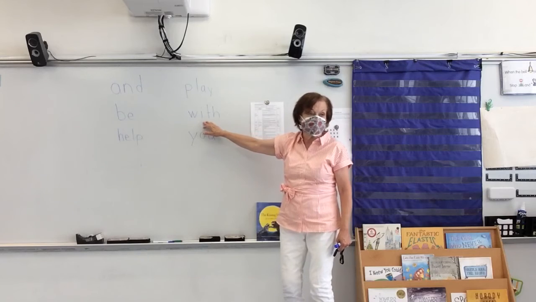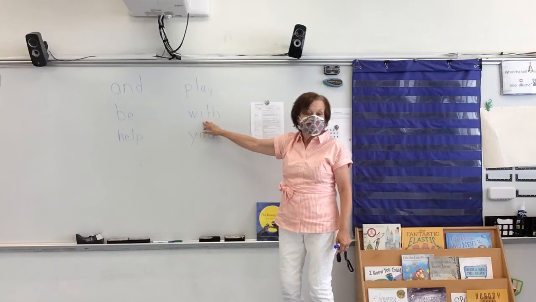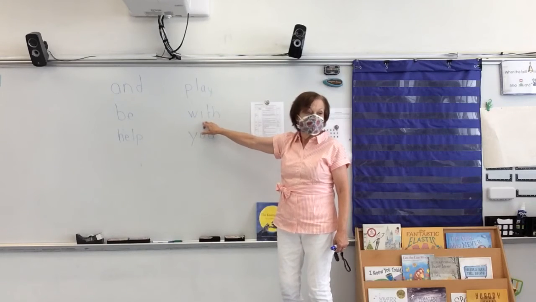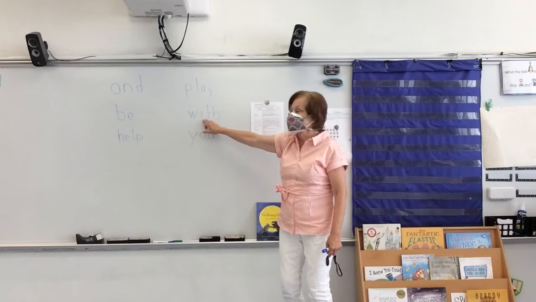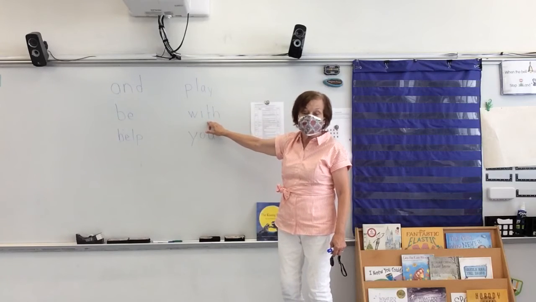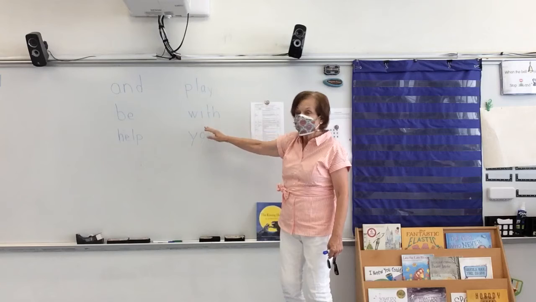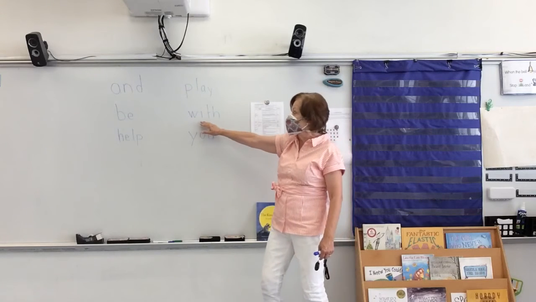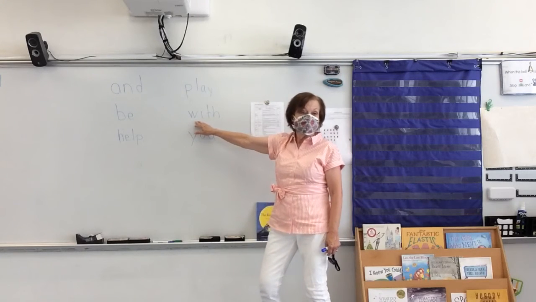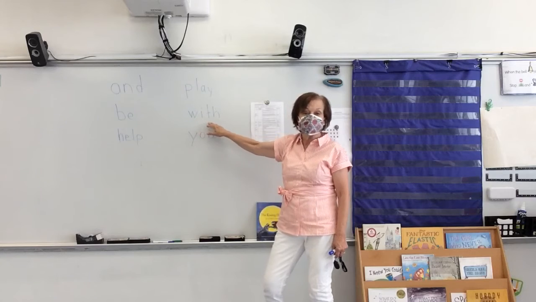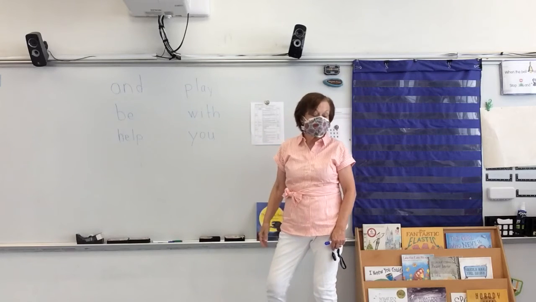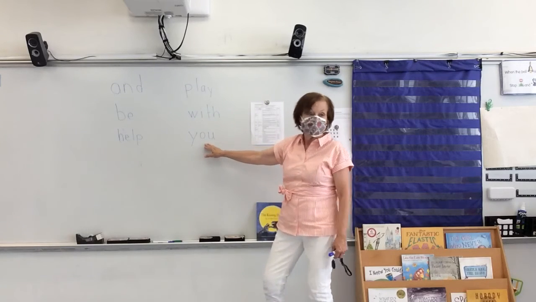How about this one? Raise your hand if you think you know what it is. And everybody say it. With. We can sound that one out. With. This one you cannot, let's spell it together. W-I-T-H, with. Then we've got this final one.